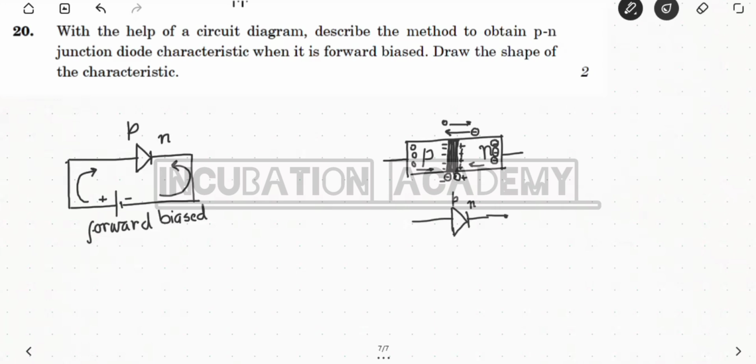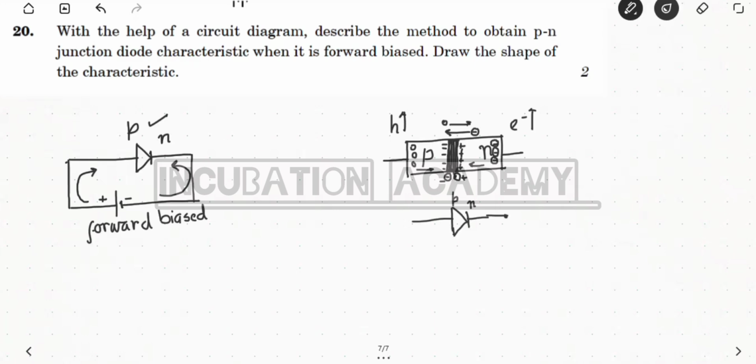In this scenario, you connect this p-n junction diode with the EMF cell or battery. What will happen? From the positive side the holes are pushed in, and from the negative side the electrons are pushed in, inserted from both sides. So the hole concentration on the p side increases and the electron concentration on the n side increases.